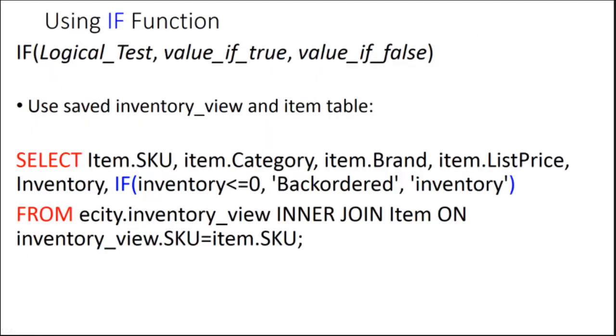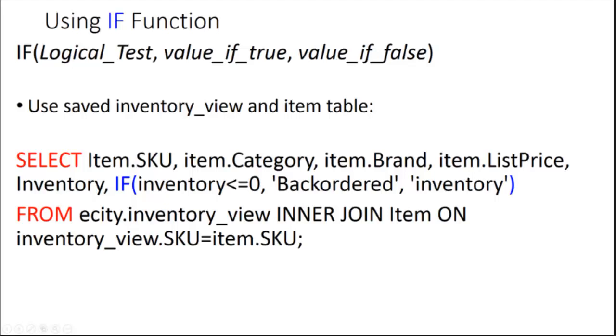If you're going to return a value based on the value of another field, we can use the IF function too. The syntax is quite similar to what you might have used in Excel. Three arguments are there. There's a logical test with the result of true or false. And then the second argument is a value if the result of that logical test is true.